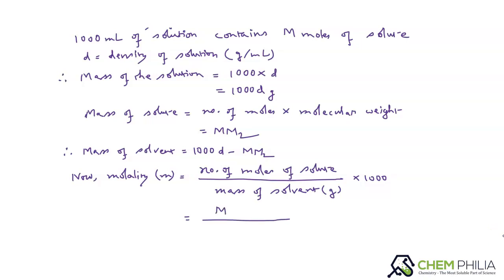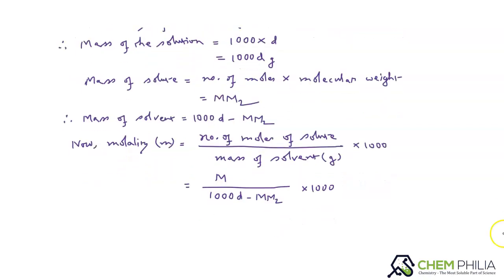It's capital M. Mass of solvent is 1000 d minus Mm2 multiplied by 1000. Clear? So we can say molality is equal to molarity into 1000 divided by 1000 d minus Mm2.